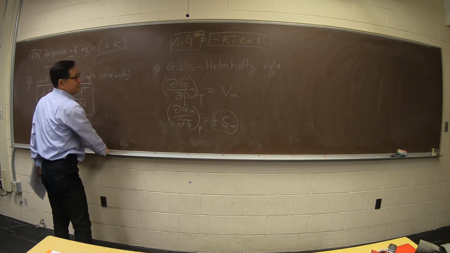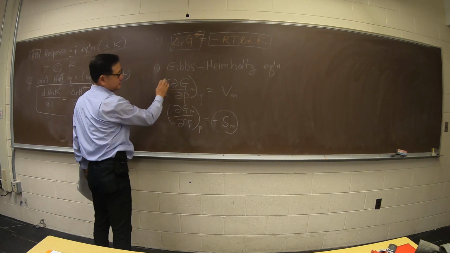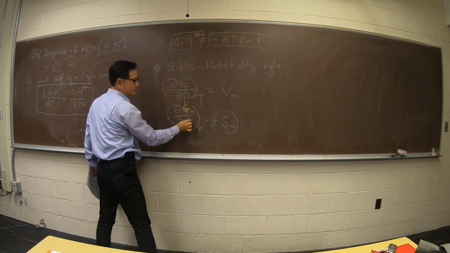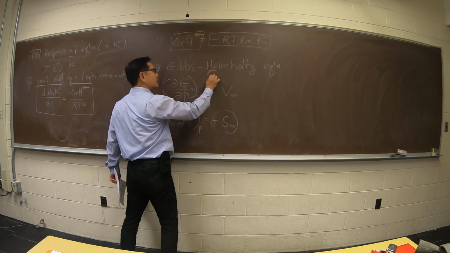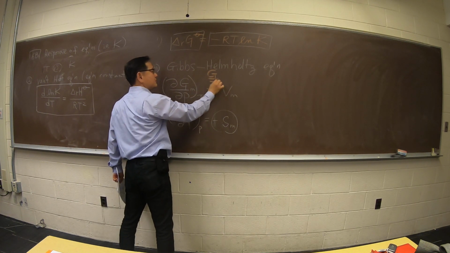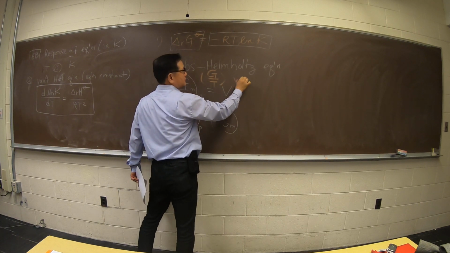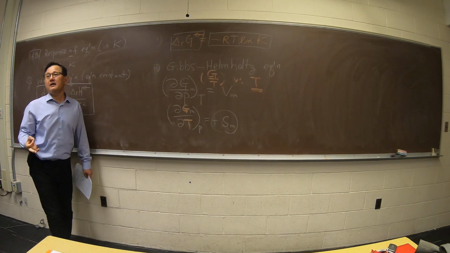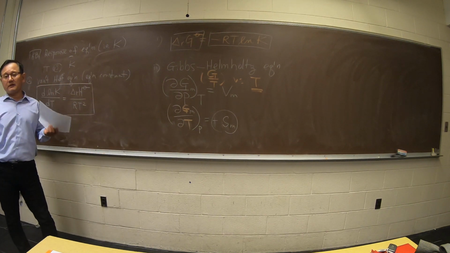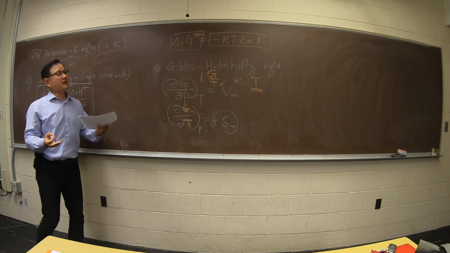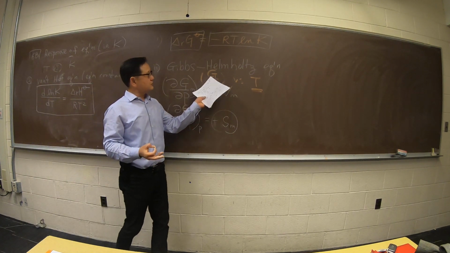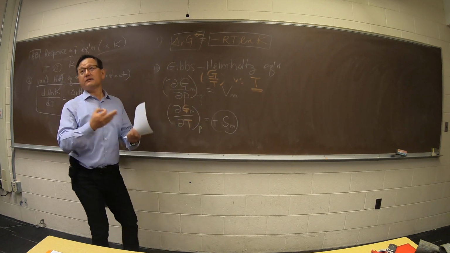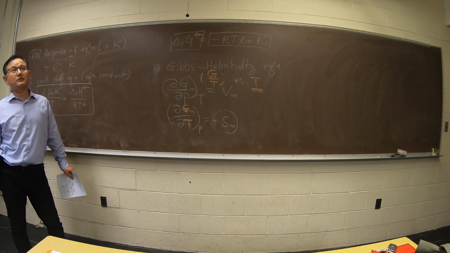So the Gibbs-Helmholtz equation says: instead of looking at G responding to the temperature, how about G over T responding to the temperature? This is essentially a change of your thought. If I want the relationship between temperature and G, instead of focusing on G versus T, I can do G over T versus T, and all of a sudden the whole equation becomes very simple.